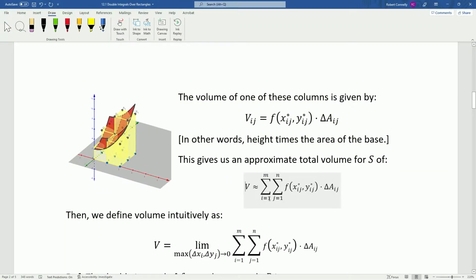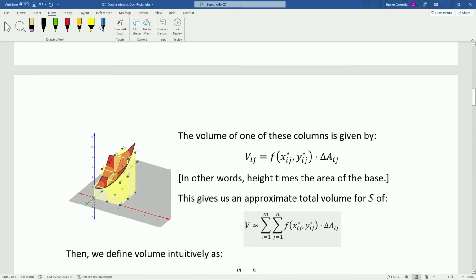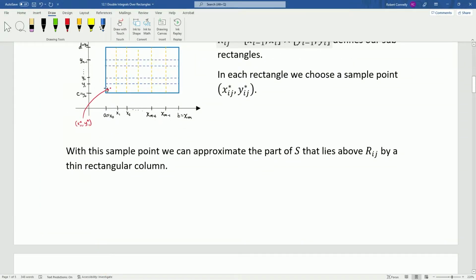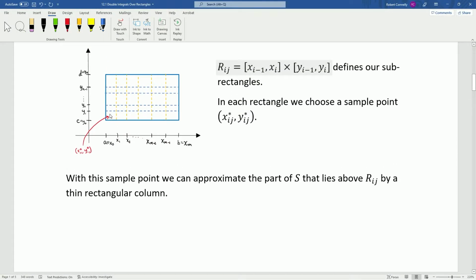For I equals 1, I take all the rectangles that lie in that first row, which is height times the area of the rectangle. So when I is 1, I go across all of these rectangles and add them together. And then when I is 2, I go across all of these rectangles and add them together, and so forth and so on.